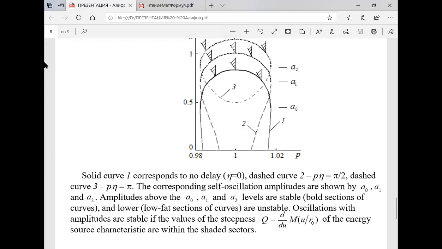Amplitudes above the a sub 0, a sub 1, and a sub 2 levels are stable. Bold sections of the curves and thin sections of curves are unstable. Oscillations with amplitudes are stable if the values of the steepness q, equal to the derivative of m with respect to u of the energy source characteristics, are within the shaded sectors.